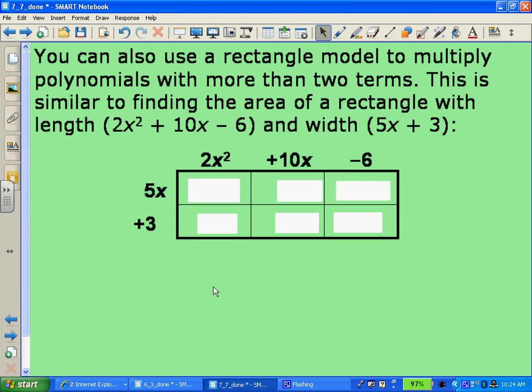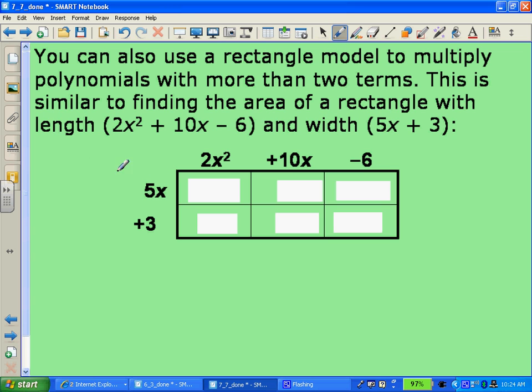Now the next thing I can do is use what we call the rectangle model. You'll notice this is the same problem we did before, but we're going to set it up a little differently. I make a rectangle and put each polynomial, one on the side and one on the top.